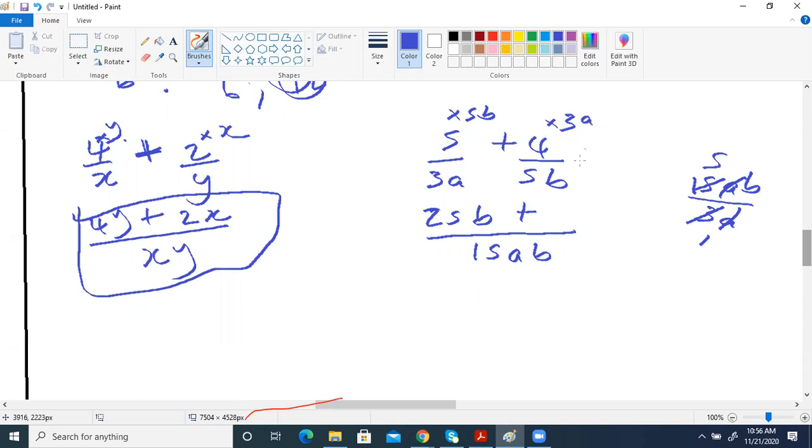So this is 4 times 3A. You get 12A. And you're done. You can't do any other canceling. Let me see, is there any room for factoring? No, you can't even do any factoring with the numbers here. And you're done. All right.